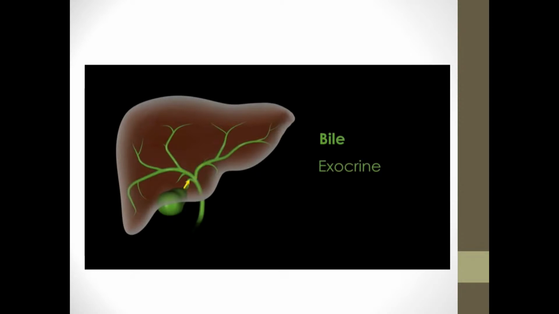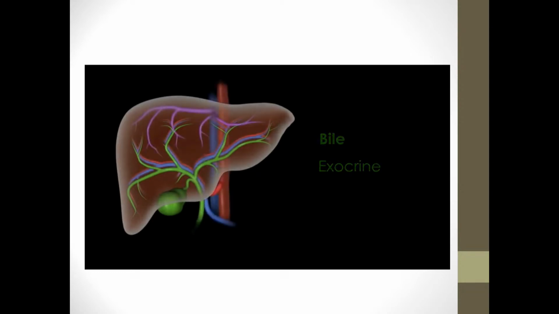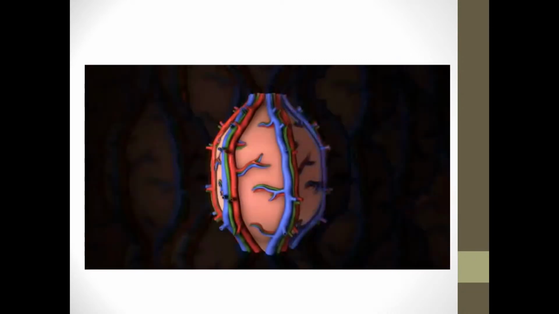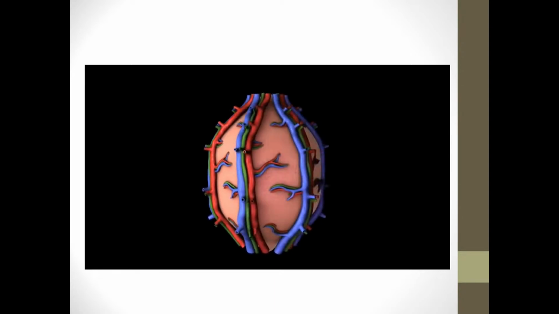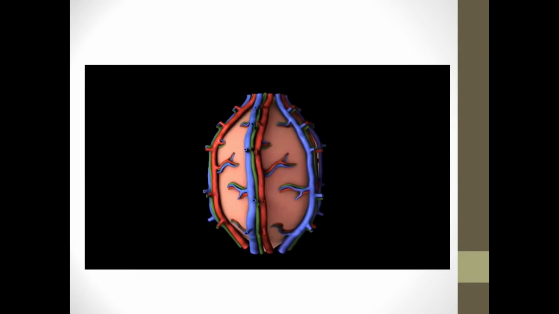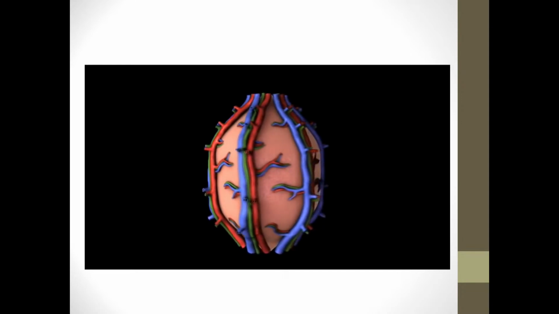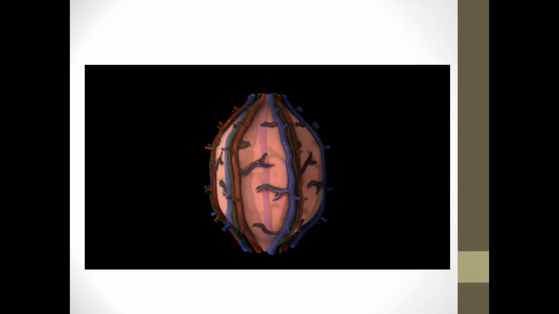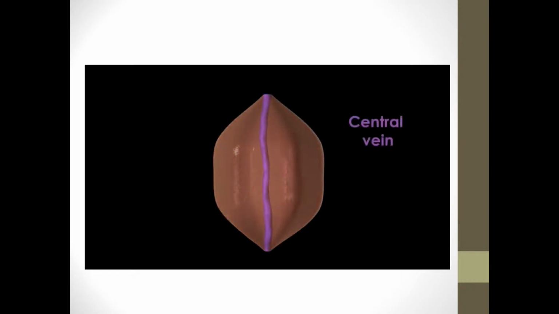So, bile secretion is the exocrine function of the liver. This is the lobule, and you can see the periphery of the lobule with portal triads. In the center is the central vein, of course.